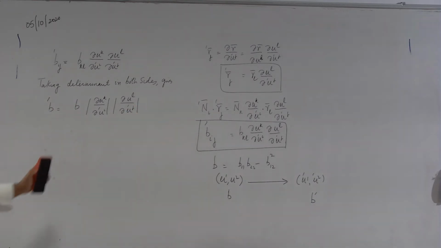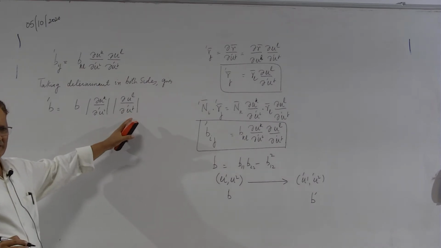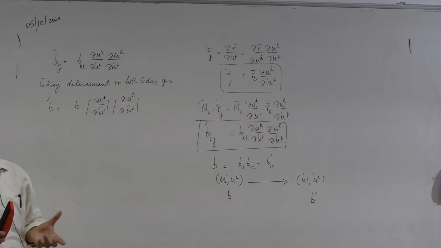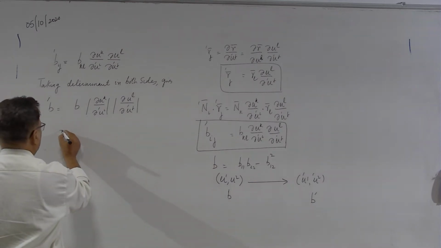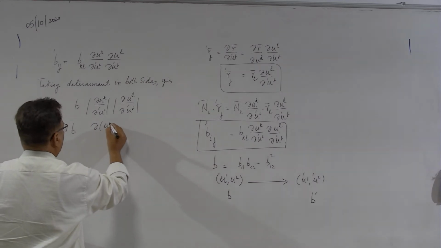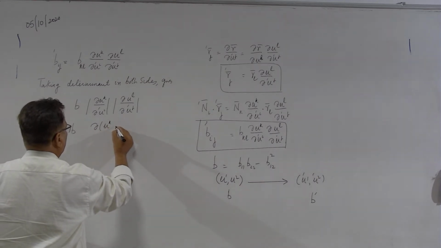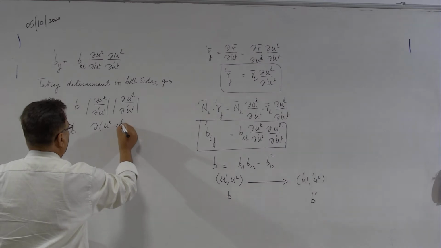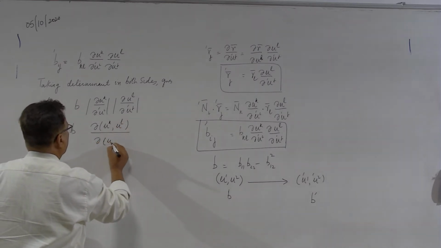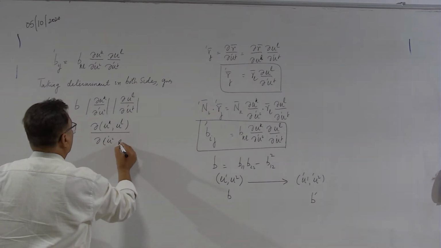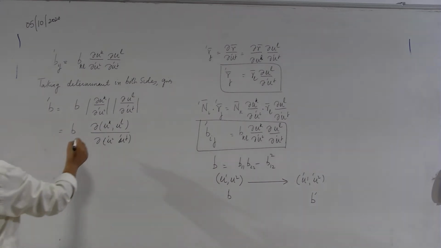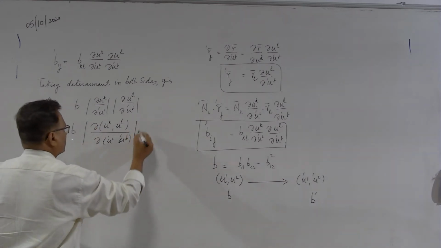Both the matrices are same in fact. When you take the determinant of the two, you will get the determinant square of this matrix, b into, I can write down this matrix as del u_k, u_l upon del u_i dash and u_j dash. This notation you understand. So, square of this.